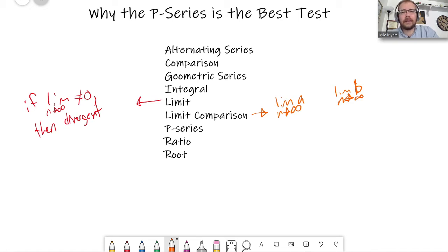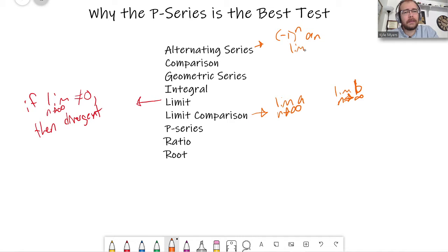Let's see, which one else? I actually really don't mind the ratio and root test, so we'll do those a little bit later. Alternating series. This one is also kind of dumb, because it's basically like, if you have one of these things with a -1 to the n power, and then you have some other stuff going on, A_n, then here's what happens.